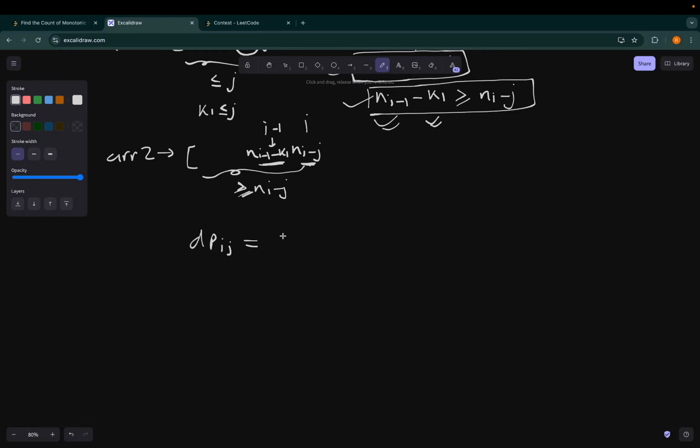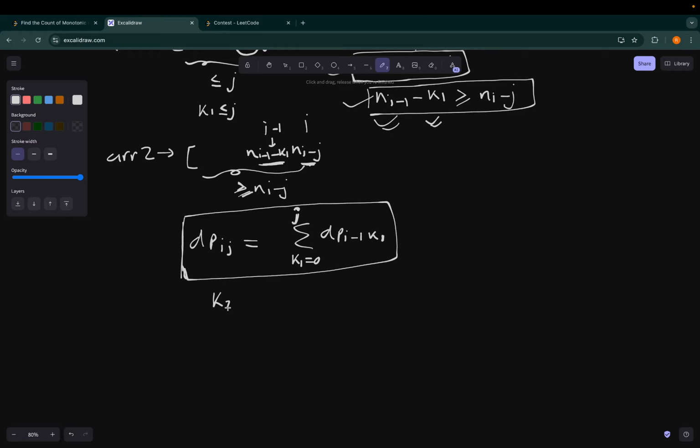And now you can rewrite this equation as sigma k1 equals 0 till j, and just put dp of i minus 1, comma k1. This is the equation that you want to solve, but this is kind of incomplete.